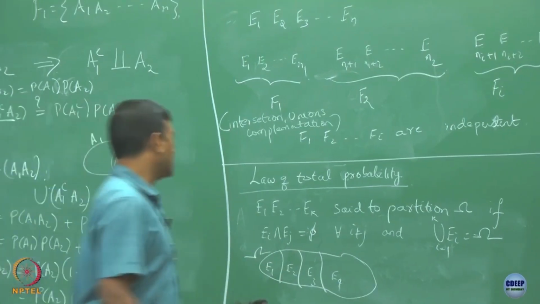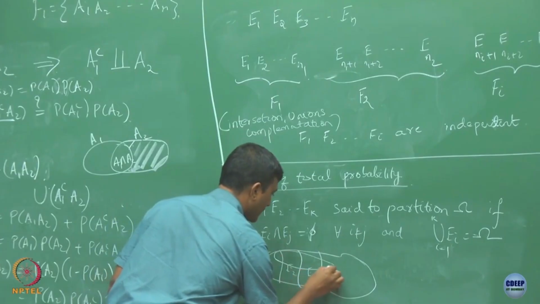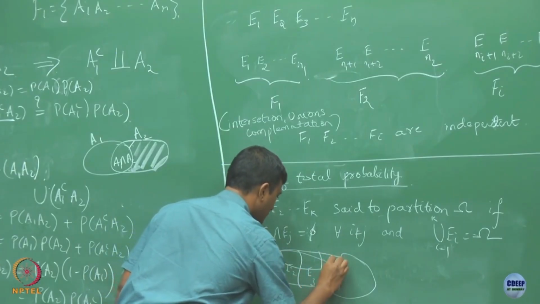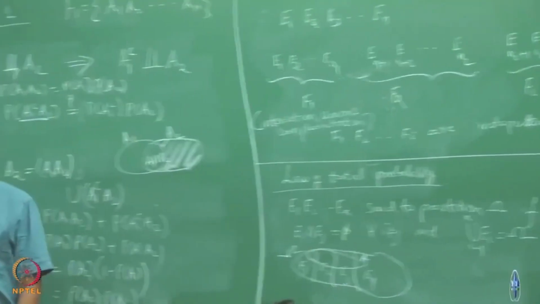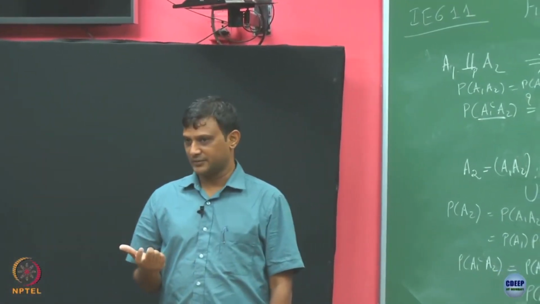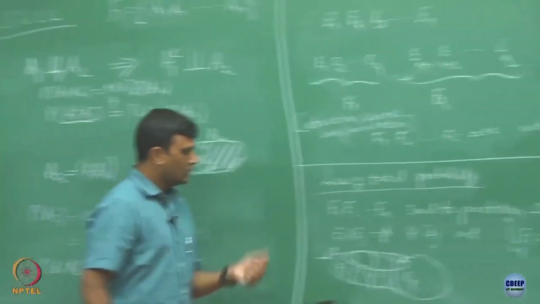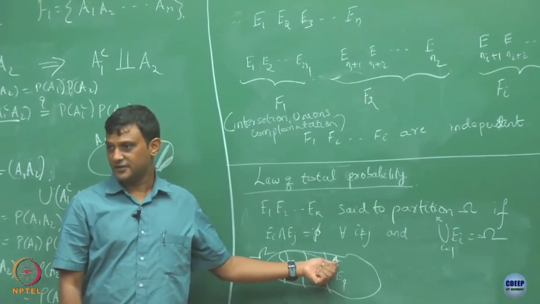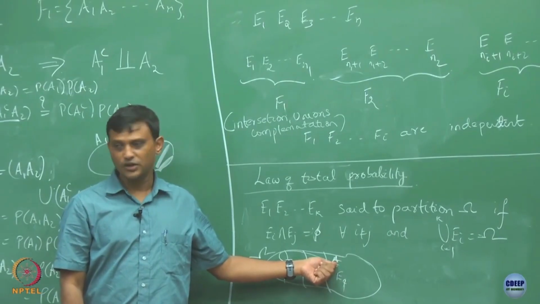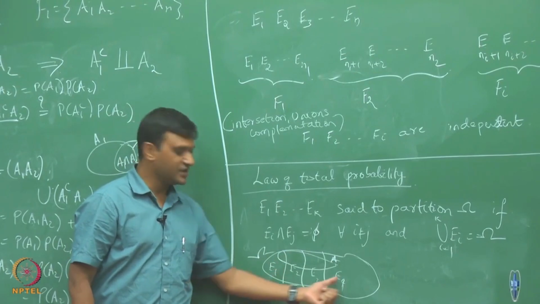Now suppose in this you have an event A. This is some event which is a subset of my sample space. Now if I want to find the probability of this event, do you think that if I know something about the probability of E1, E2, E3 it should help me?